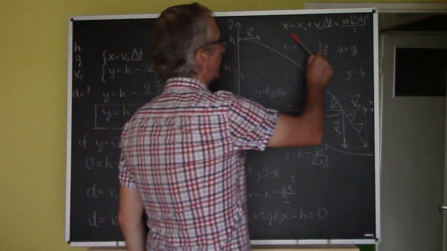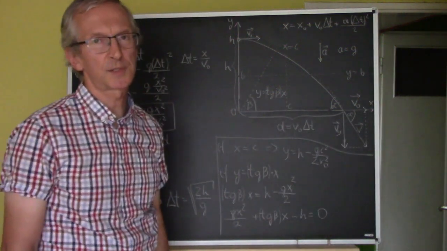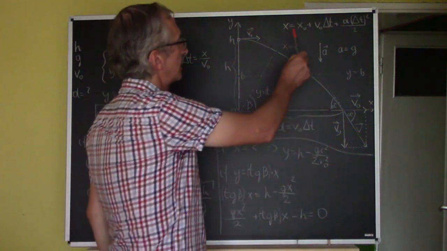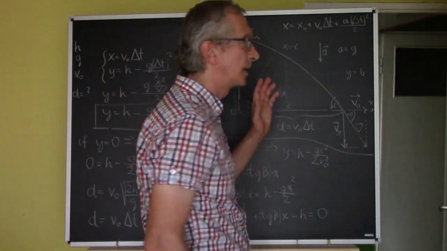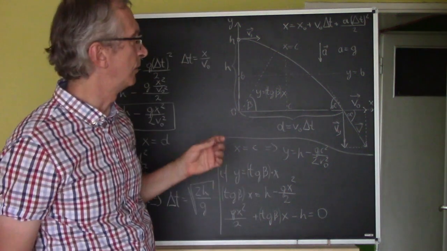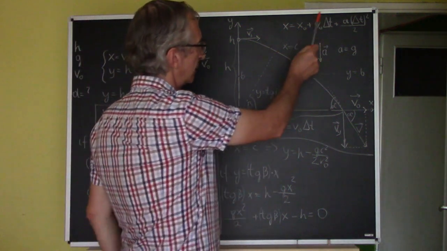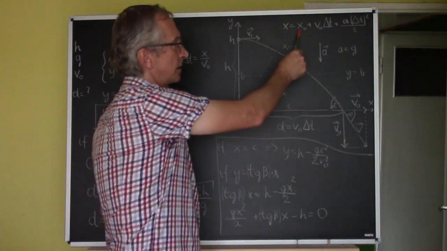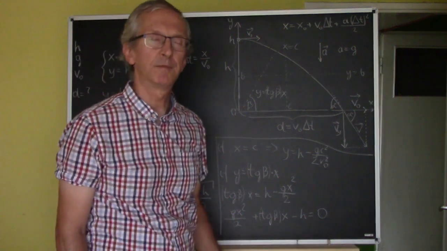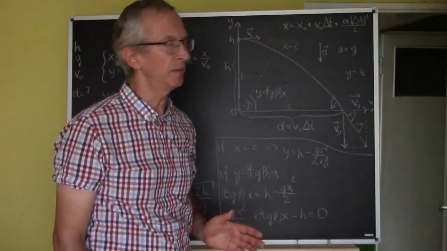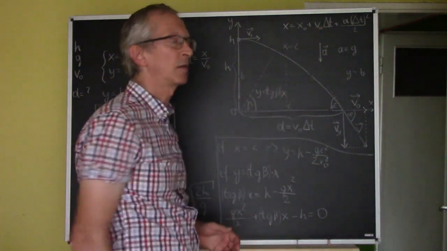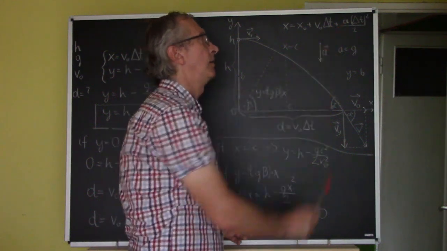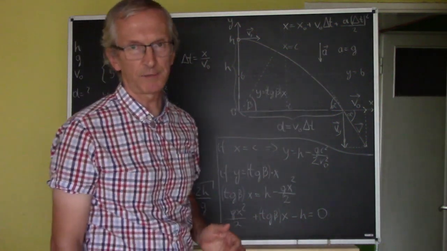Here I wrote the most general form of the equation of motion, and here we have to know the meaning of x0, v0 and a. So I remind you that x0 is the coordinate of initial position, v0 is the coordinate of the initial velocity vector, and a is the coordinate of the acceleration vector.